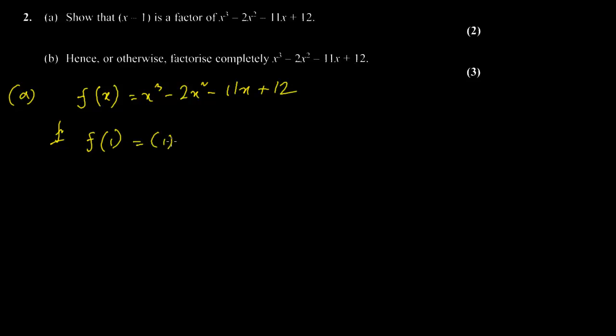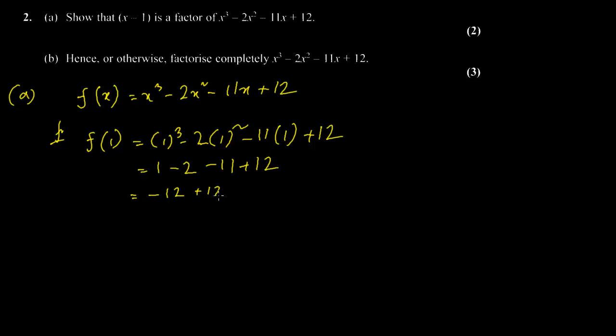So f(1) equals 1 cubed minus 2 times 1 squared minus 11 times 1 plus 12, and this becomes 1 minus 2 minus 11 plus 12, that makes it minus 12 plus 12 equals 0. Hence, since f(1) equals 0, x minus 1 is a factor.